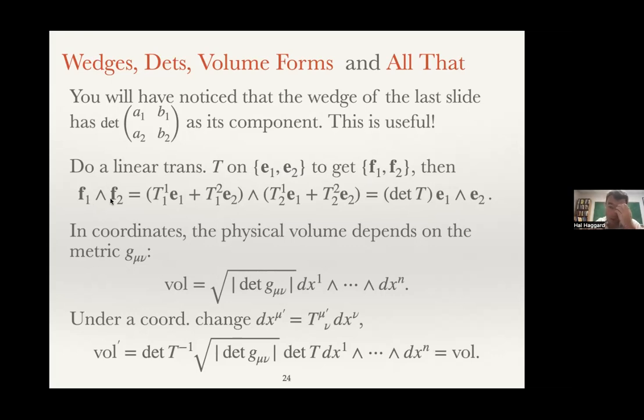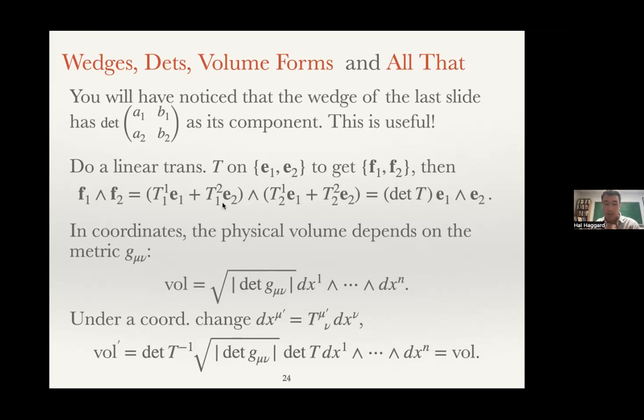F1 wedge F2 is the linear transformation acting on E1 and E2. So the linear transformation picks up these components, and then the linear transformation acting on E1, E2 with the other two components gives F2.